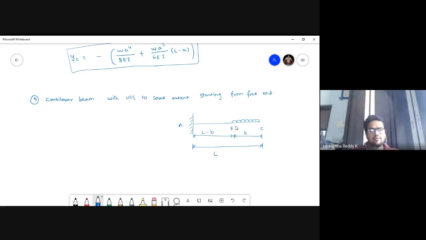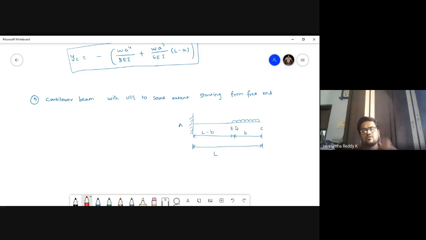So if you have this kind of UDL, what we'll do is we'll consider a UDL like this, and we'll consider another UDL like this. So the above UDL and the below UDL will get cancelled, right? Am I right, students? I hope you understand this. The question is, we only have UDL to some extent.